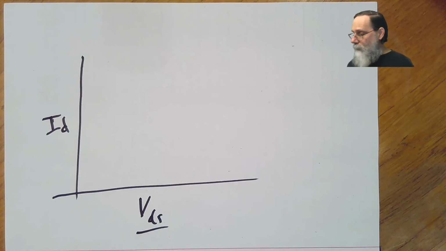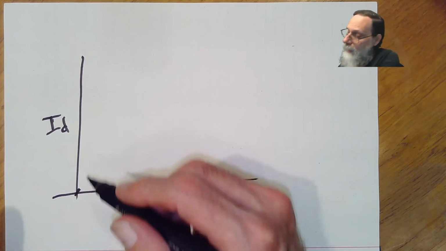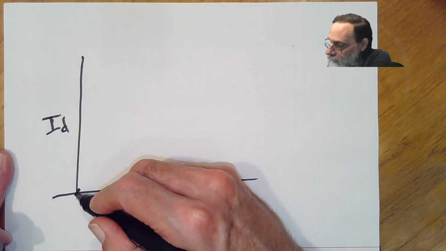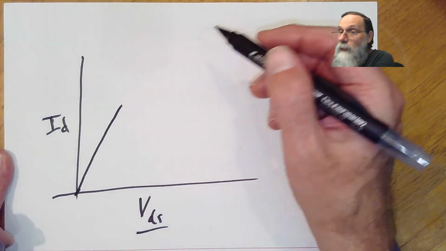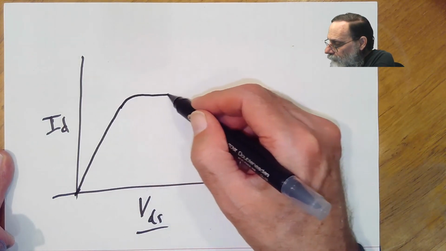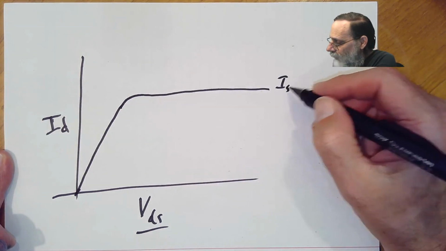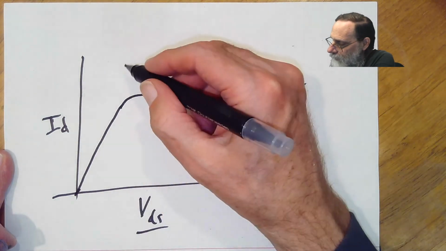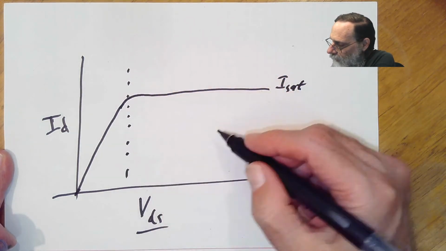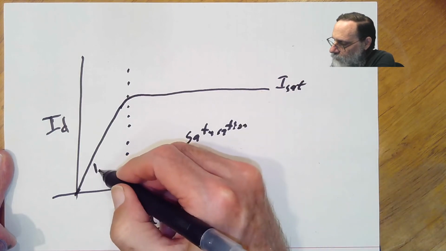So if we look at this thing, well, when the drain to source voltage is 0, the current is 0. And this thing doesn't magically make current out of nowhere. It goes up initially linearly, and at some point it saturates. So this is the saturation current, and we have the saturation region here and the linear region here.